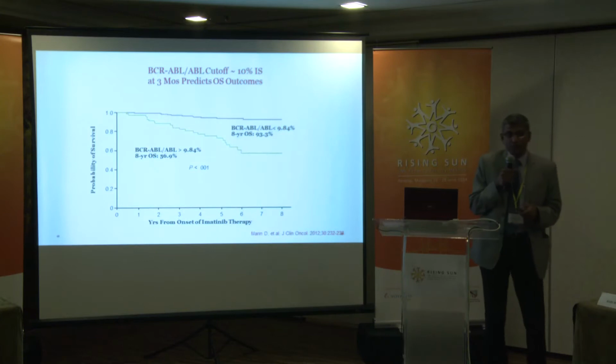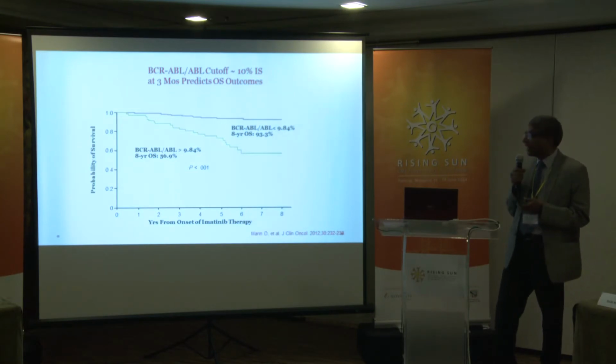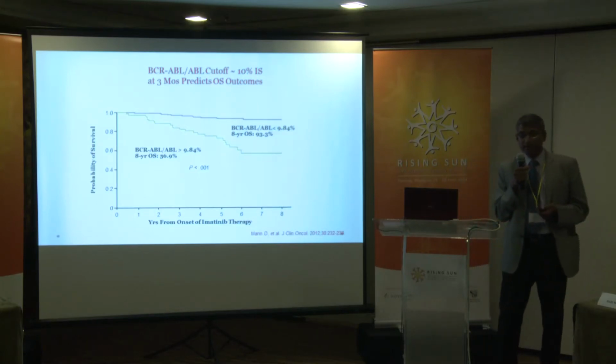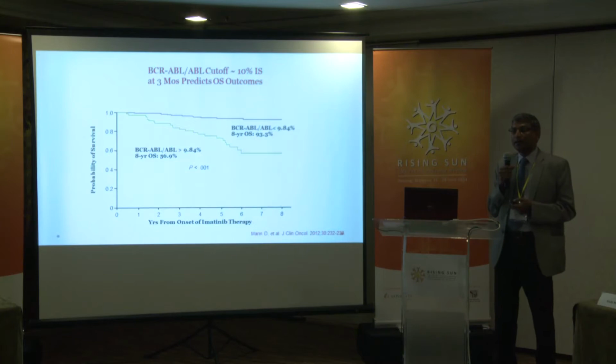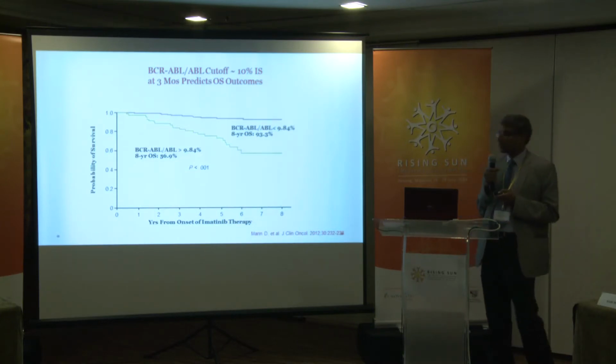So this gave us an opportunity to identify early responders and prognosticate their outcomes to a certain extent. And this observation was replicated in various other studies, including studies which used second-generation tyrosine kinase inhibitors as first-line therapy.